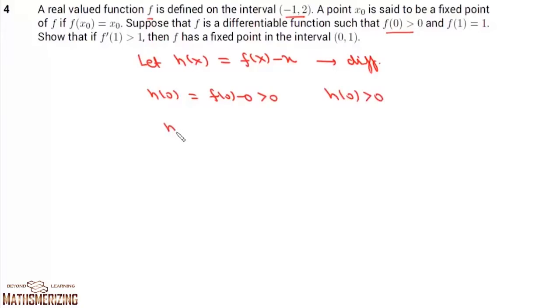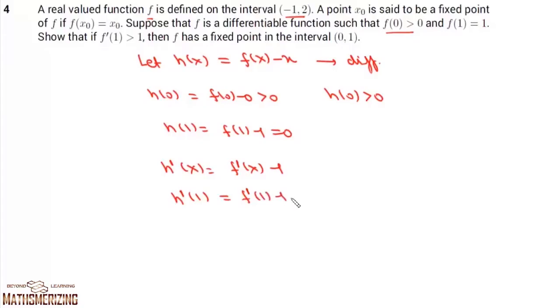And what about h1? h1 will be f1 minus 1, and since f1 is equal to 1, that means value of h1 is 0. Now we differentiate this function, we can write h dash x as f dash x minus 1, then h dash 1 will be f dash 1 minus 1, which is greater than 0, that is at 1.